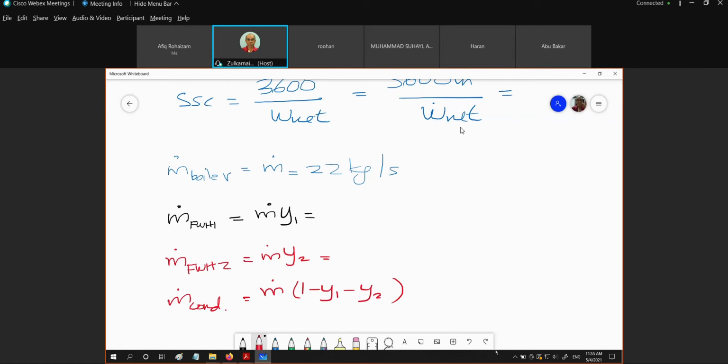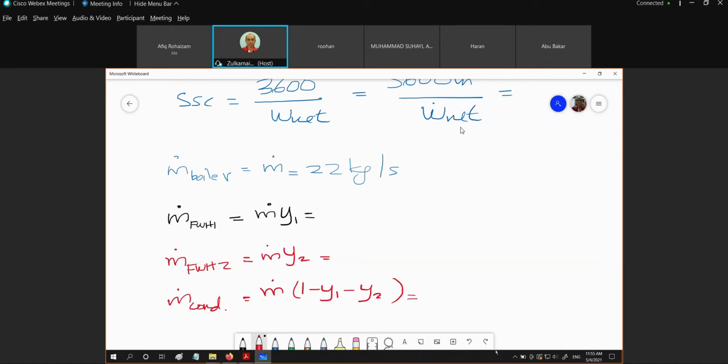And then how much is the bled steam for each feed water heater. In our case, we have 2 feed water heaters, number 1 and number 2. And the last one is the mass flow rate flowing through the condenser, which is equal to m dot times (1 minus y1 minus y2).